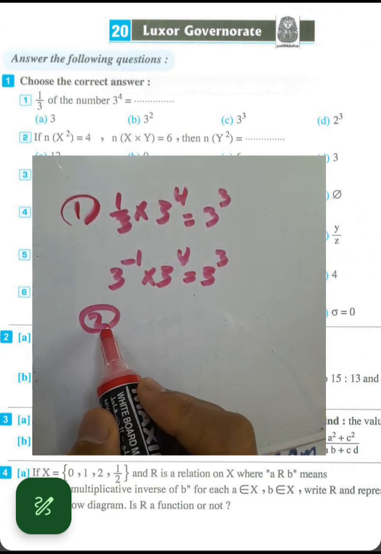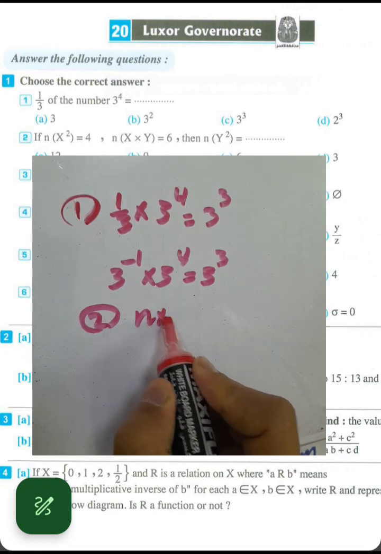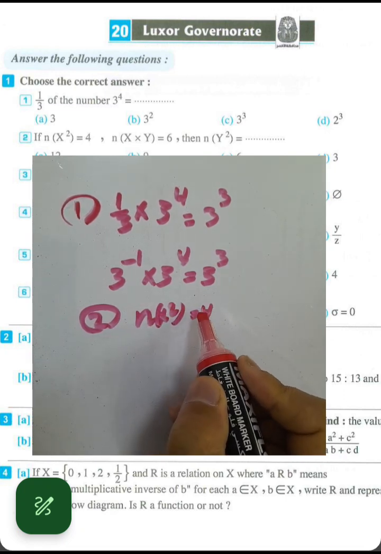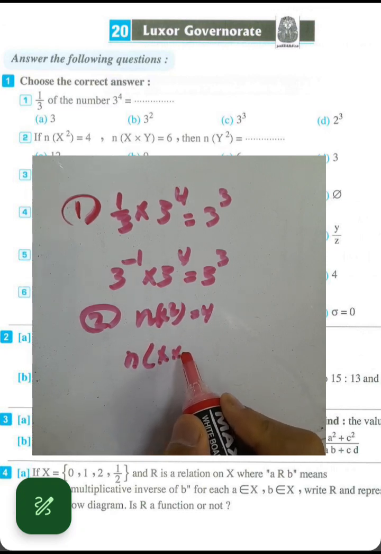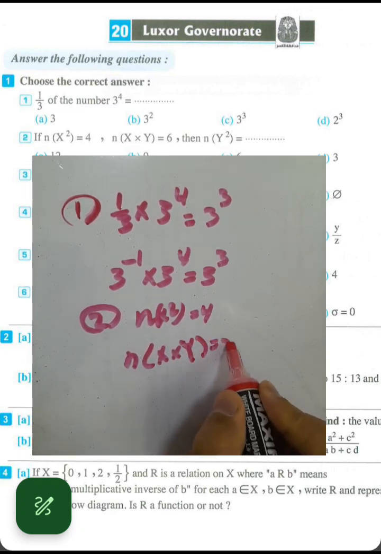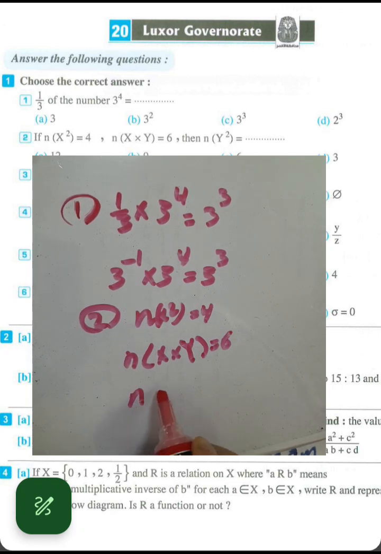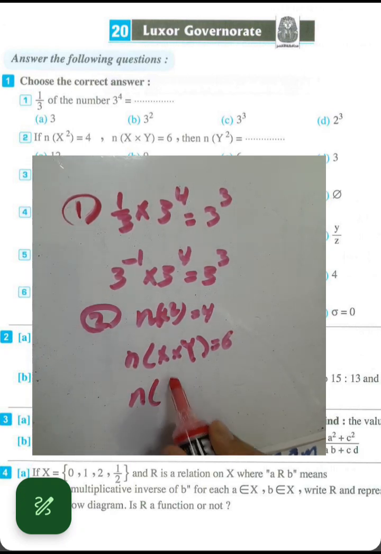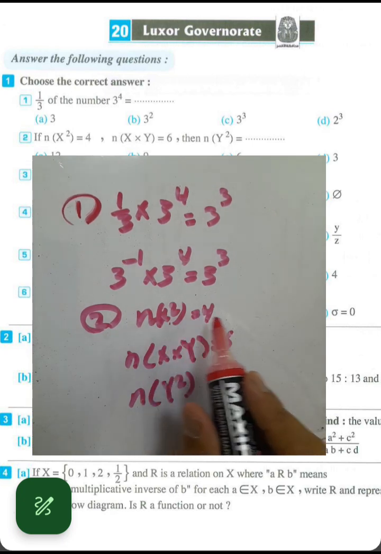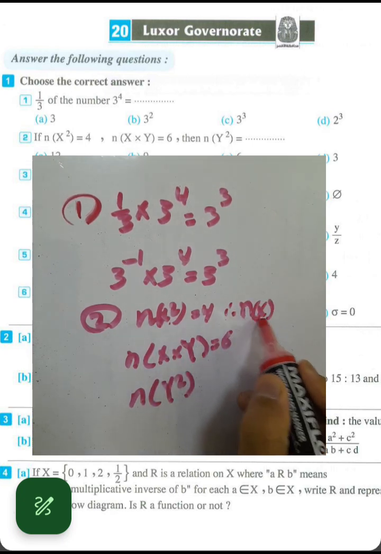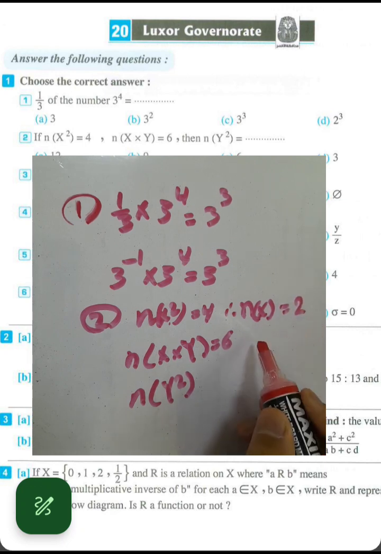Question number 2. If the number of subsets of x was 4 and the number of x Cartesian product with y was 6, then we want to find the number of subsets of y. We know the number of subsets of x equals 4, then the number of elements in x equals 2.